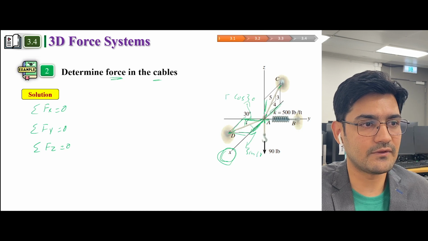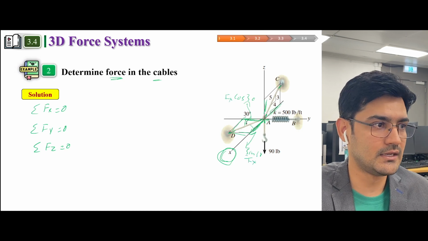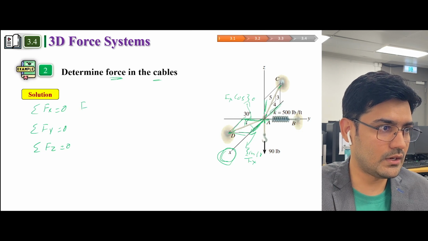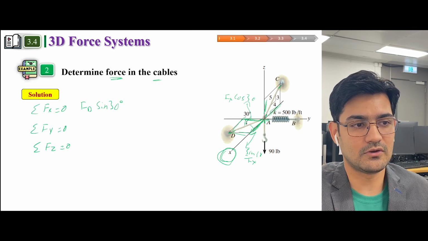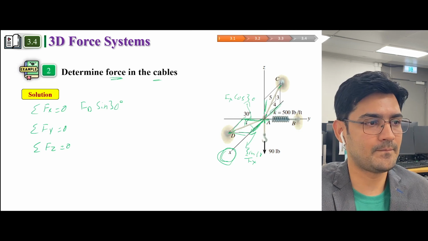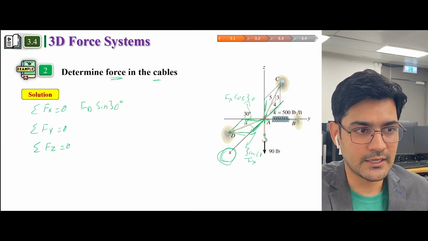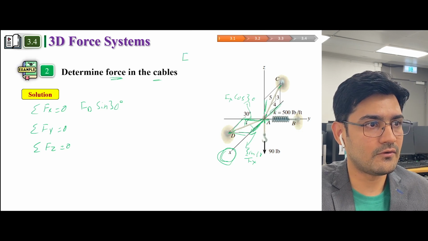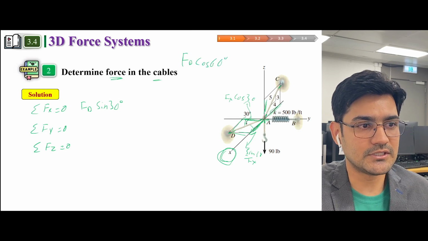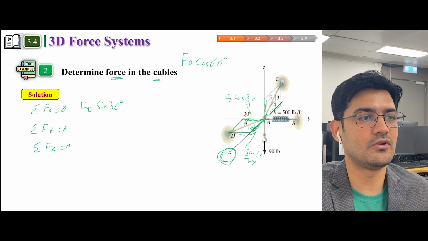So this is f of x component and this is f of y component in this case. So we will write fd sine of 30 degree because it's on the y side. So it looks opposite, or you can also write f of d cos of 60 degree, depends, because this is 30, so it would be 60 degree.